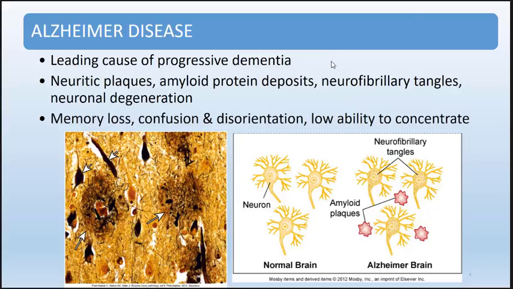Neurofibrillary tangles are seen as well, which are really intertwined axons. And then, of course, neuronal degeneration. Alzheimer's doesn't affect the entire brain, but more so just specific areas of it, and it can affect different people differently. And the syndrome usually consists of memory loss, confusion, and disorientation, as well as difficulty concentrating.